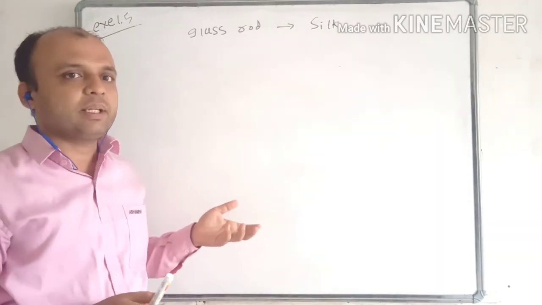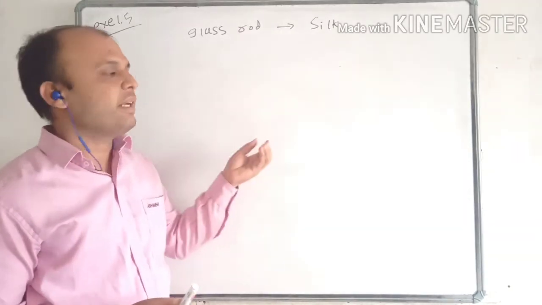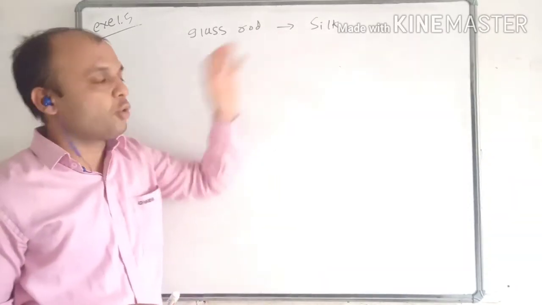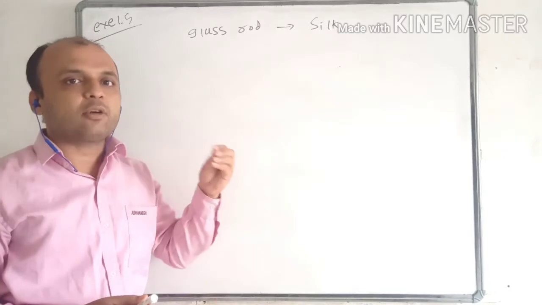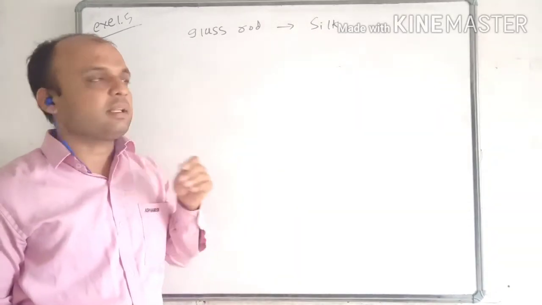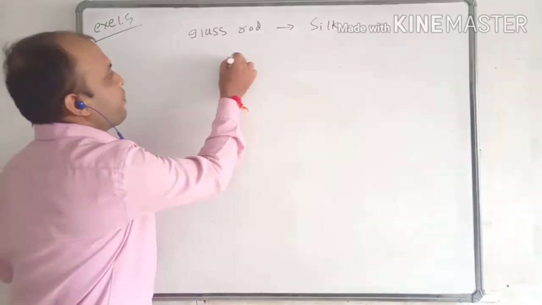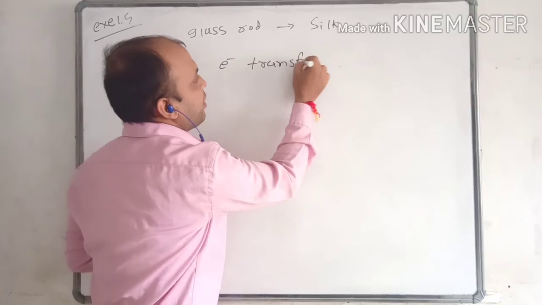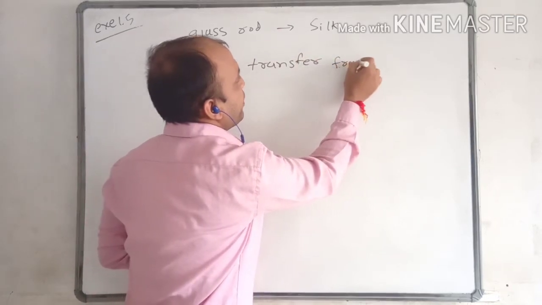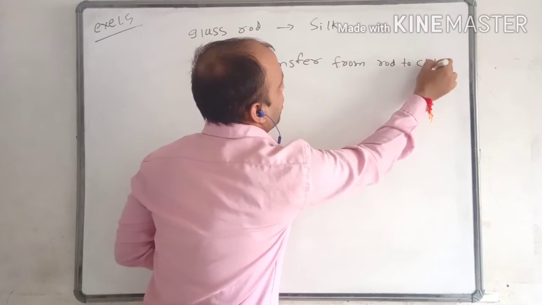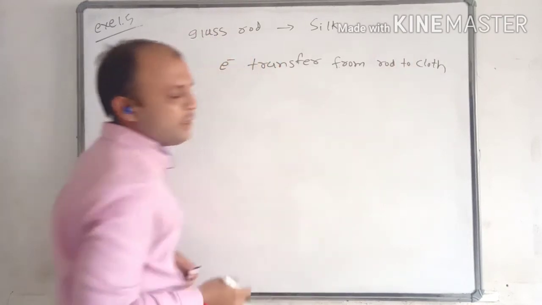Obviously we can say that when a glass rod is rubbed with silk cloth, some electrons transfer from the glass rod to the silk cloth.